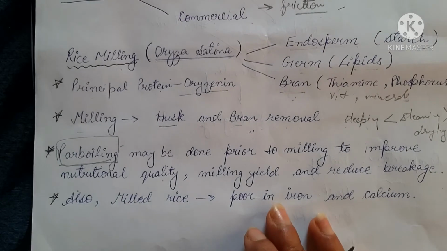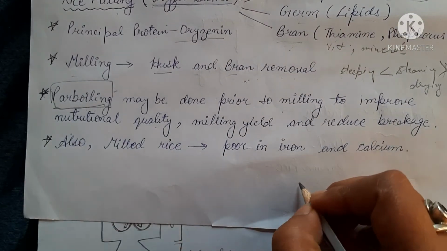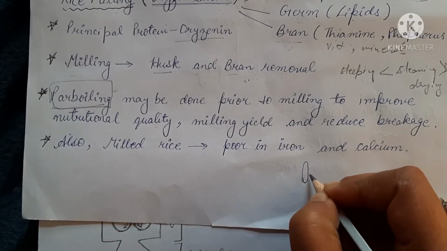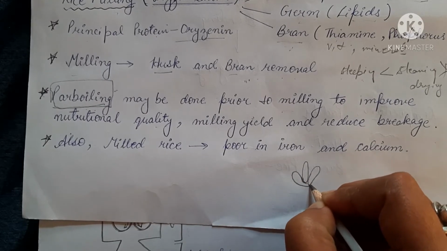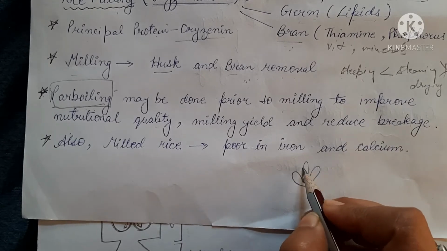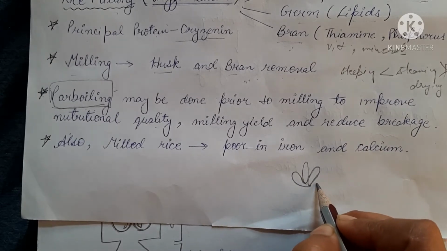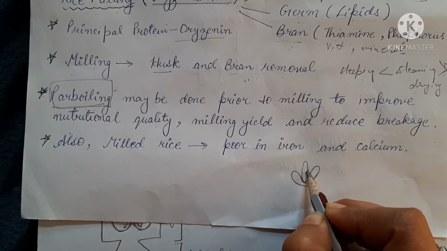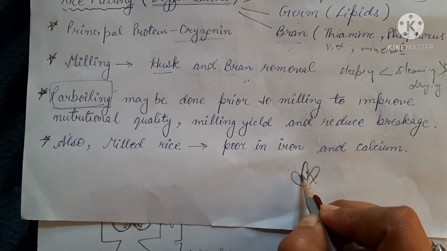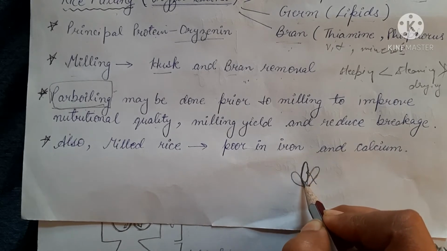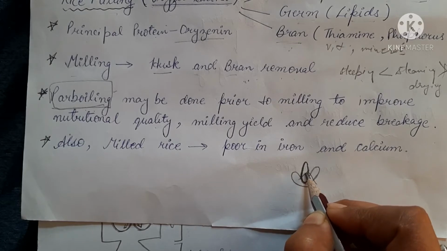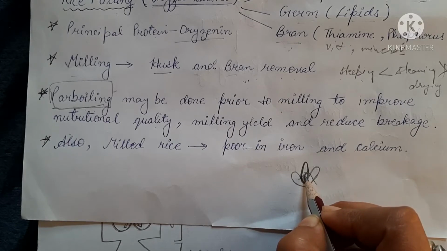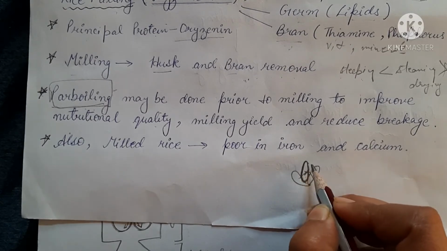So suppose our rice kernel is this, and this is our husk. The water enters through the husk and touches this layer of the rice kernel, which is your bran, and from the bran it takes all the nutrients inside the rice kernel to the endosperm and makes this rice kernel harder.